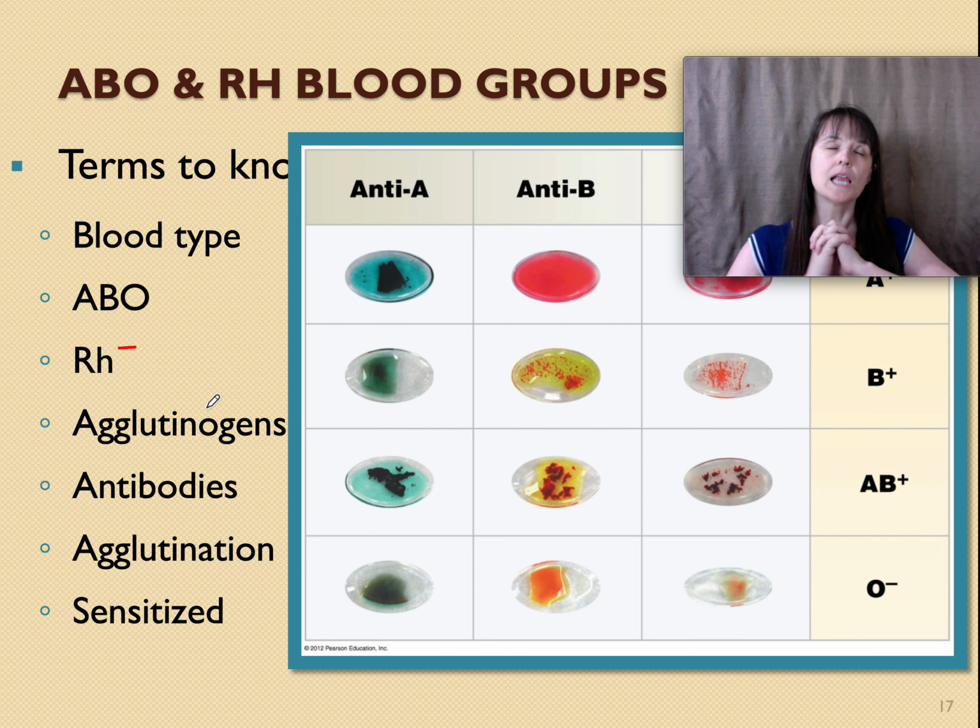There are actually lots of surface antigens, like 50 different surface antigens that we can become sensitized to. People who get lots of blood transfusions often become sensitized to lots of other surface antigens, to the point where you have to test for lots of other markers before you give them transfusions, because they can have transfusion reactions to many different surface antigens, not just the A or B or Rh if they're sensitized.